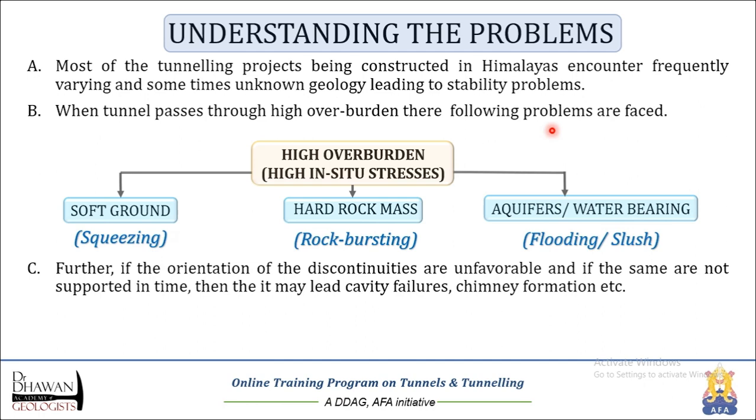The third group of problems occurs when the orientation of discontinuities is unfavorable, and if the same is not supported in time, then there could be wedge failures, and this could lead to cavity failures or chimney formations.